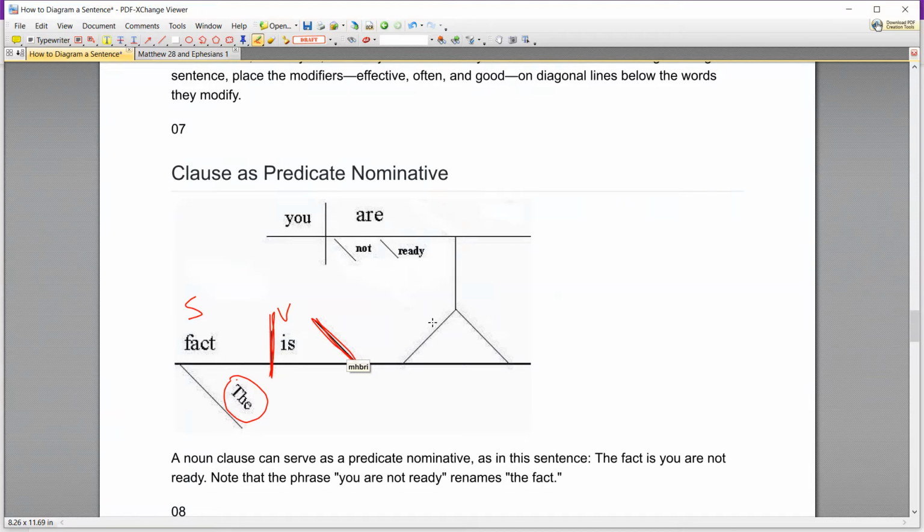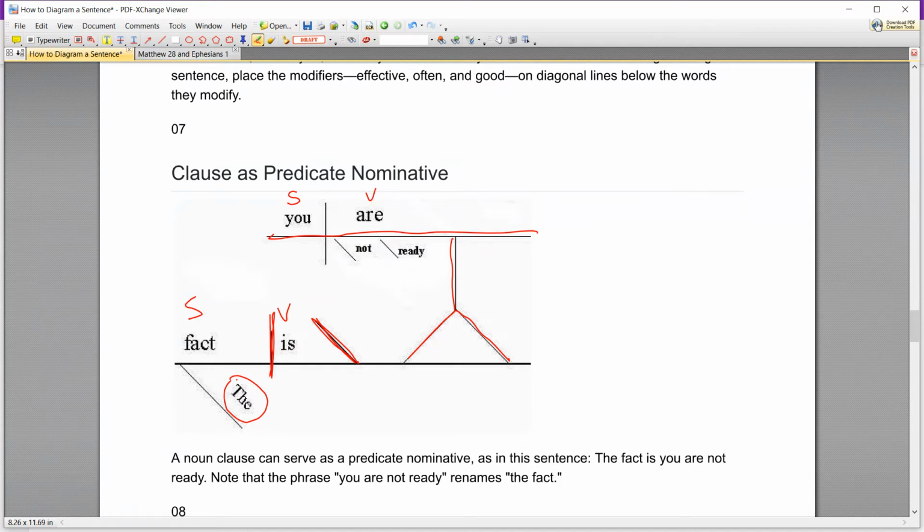So in that case we'll have to lift it. We'll build something and lift it, and because it is a clause, again we'll draw a baseline, subject, verb, and that's not it. You are not ready. I think there is a mistake here.